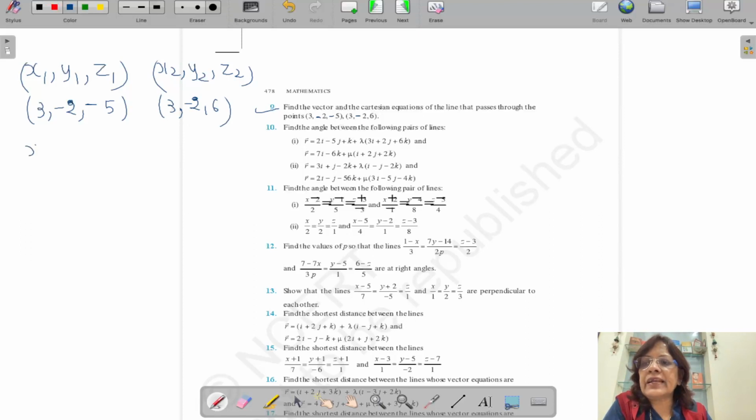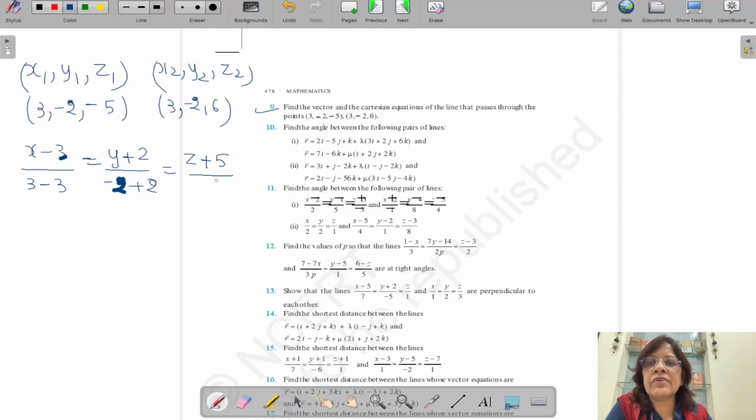First we write the Cartesian equation: x minus x1 upon x2 minus x1. x2 minus x1 is again 3 minus 3. Y minus y1, this is minus 2, again it will become plus 2, it is 0. Z minus z1, that is 5, upon 6 plus 5 it will become.